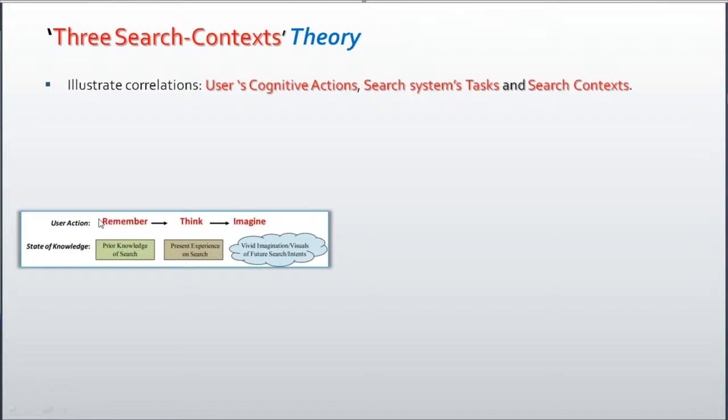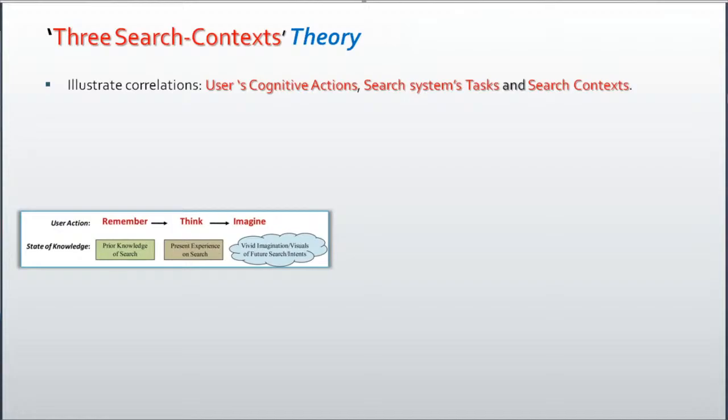To start my search, I will be focusing on my remember action: how much we can remember, how much we can recall. This user action is a cognitive process which your brain, your mind, applies to the search process for searching for some information, right?